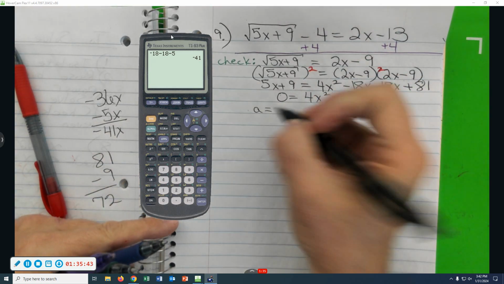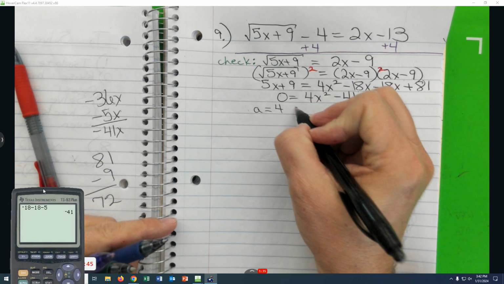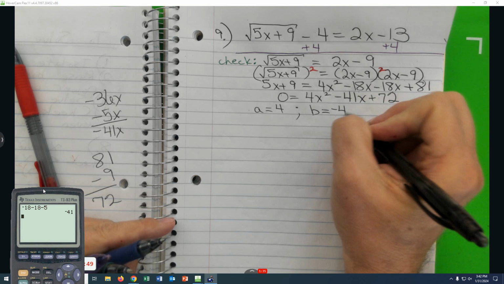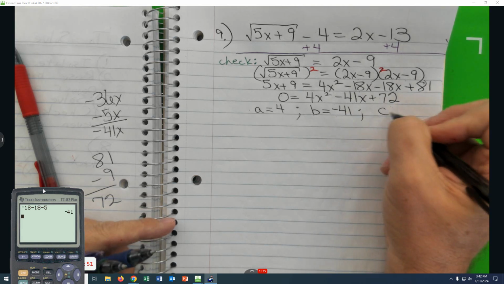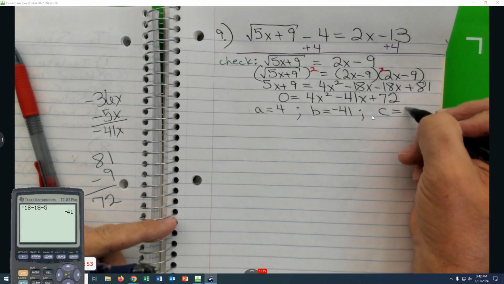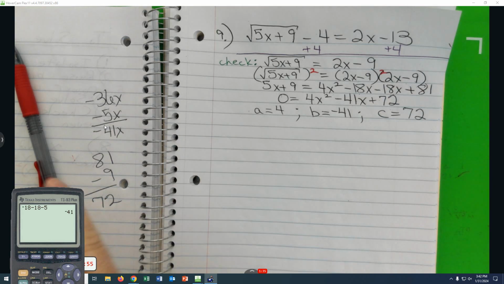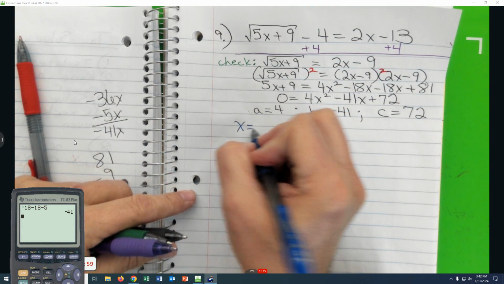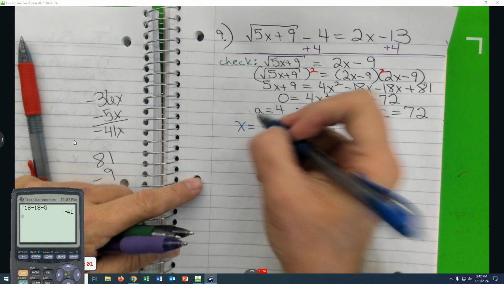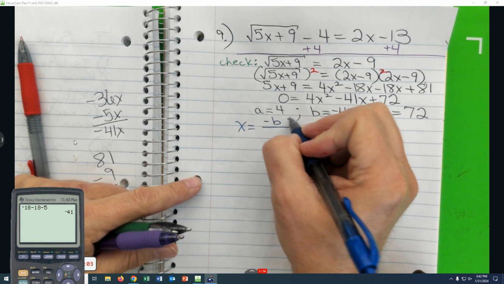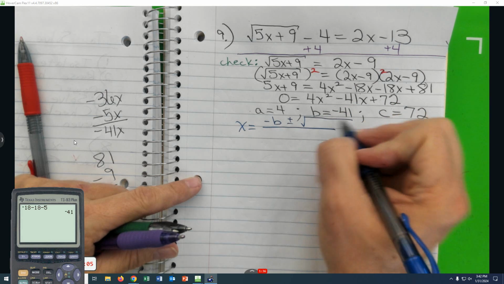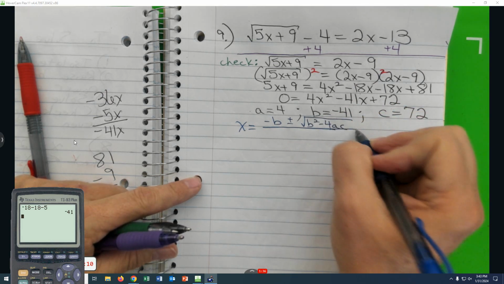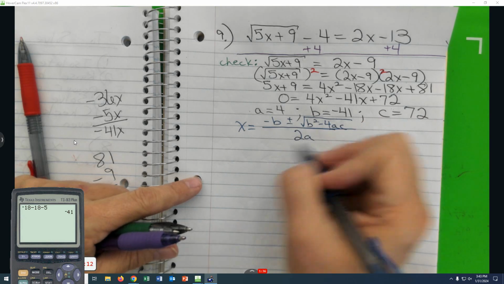Okay, so let's assign A, B, and C. A is equal to 4. B is negative 41. What's C? 72, just seeing if you're awake. So we know the quadratic formula, x equals negative b plus or minus the square root of b squared minus 4ac all over 2a.